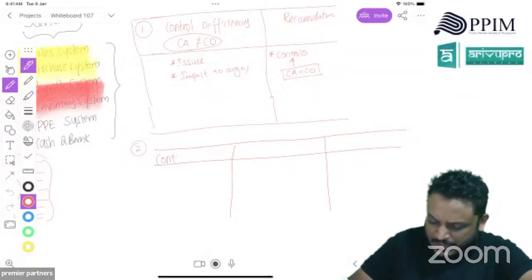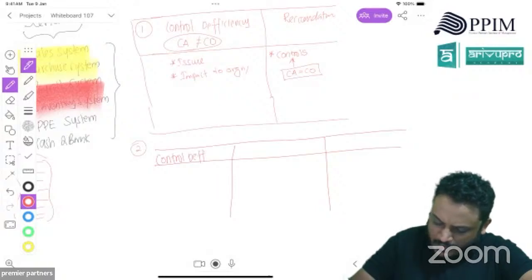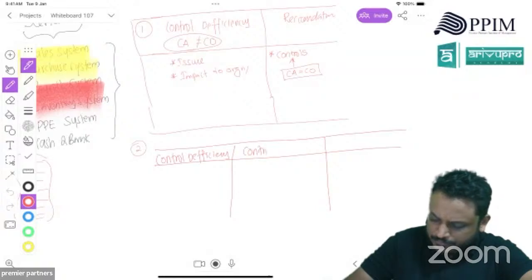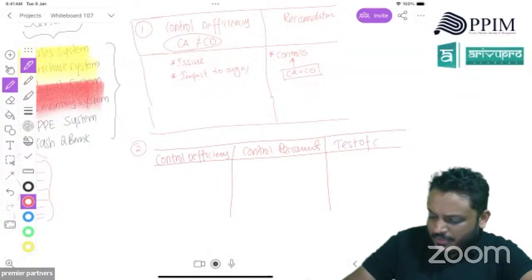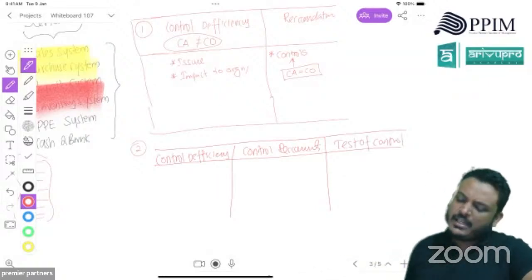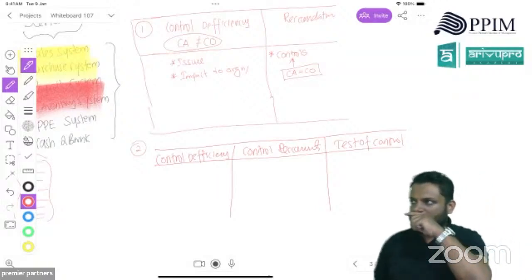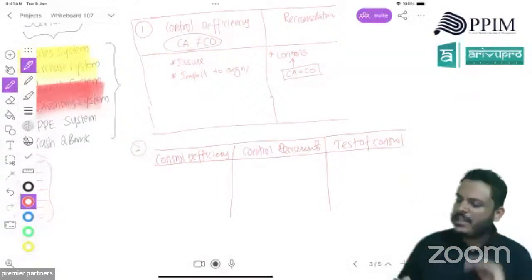Control deficiency, control recommendation. The third one is test of control. Definitely either the first type or the second type will be tested in your exam this time.